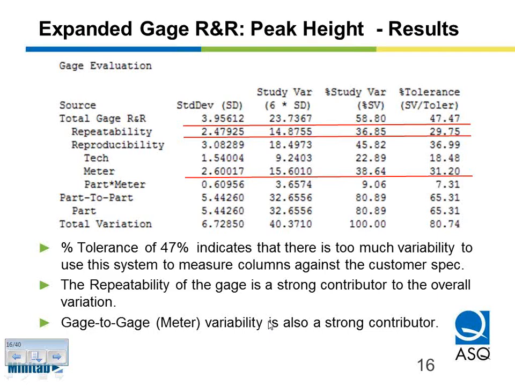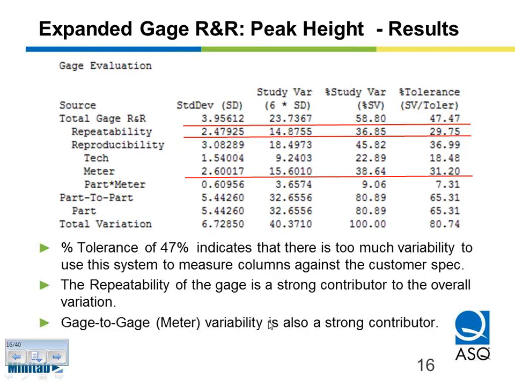Not only did we learn that the percent tolerance was beyond what we needed for the measurement system to show, it was almost at 50% of the customer's spec range. We also learned why. We learned that the repeatability of the gauge was a major hitter at about 30% of tolerance, and that the gauge-to-gauge variability was also a major contributor at about 30%.